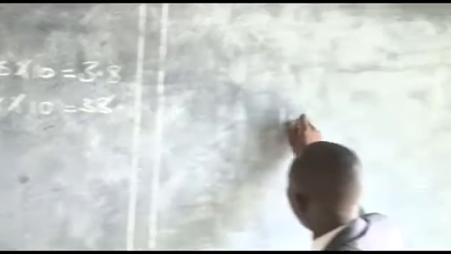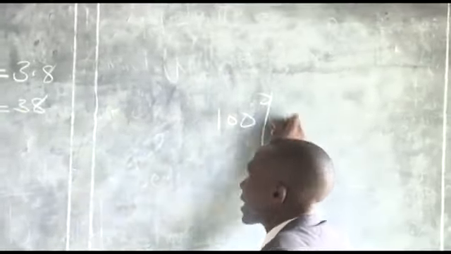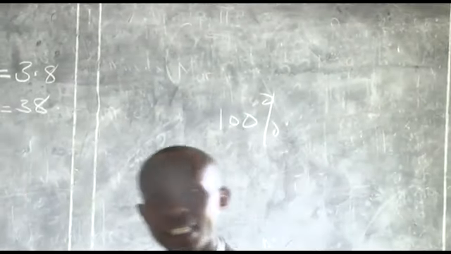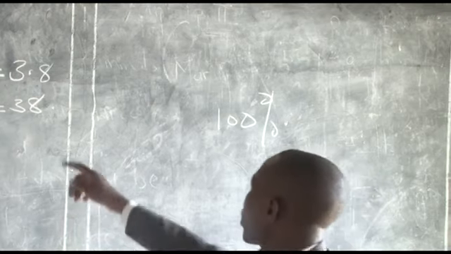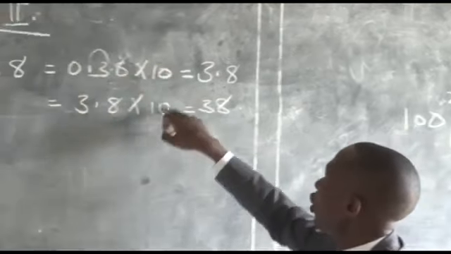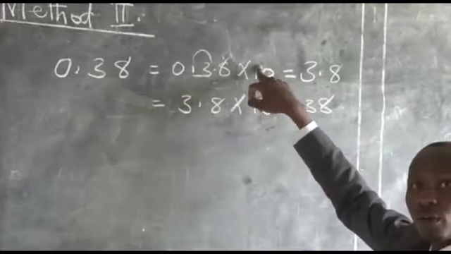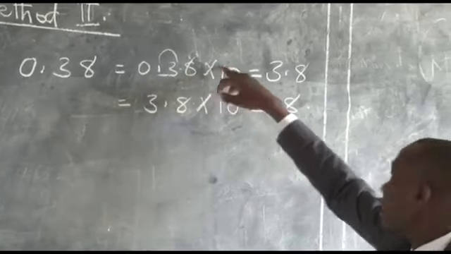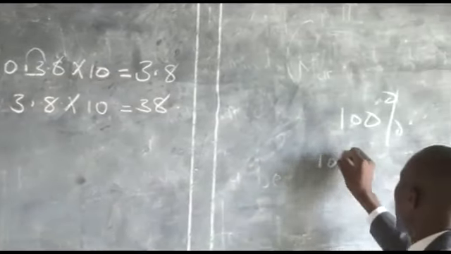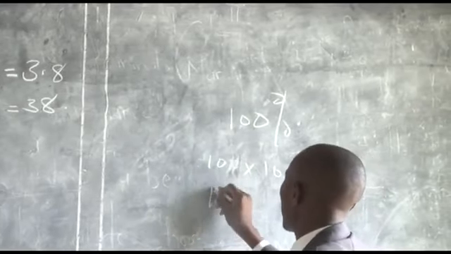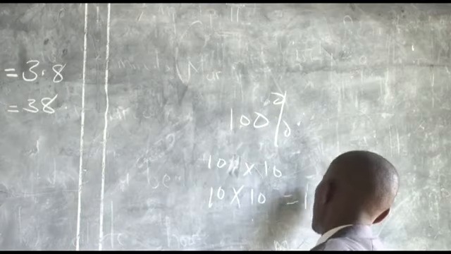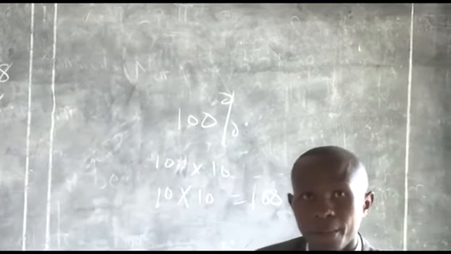Normal percentage is ever 100%. If normal percentage is 100%, when you get 10 times 10, you'll come out with 100.